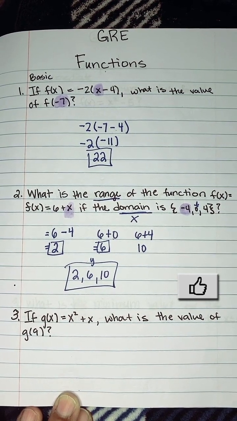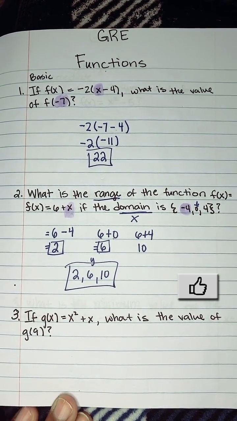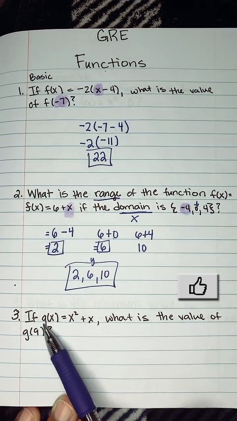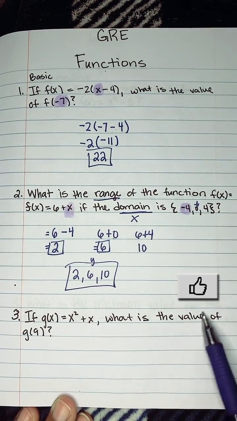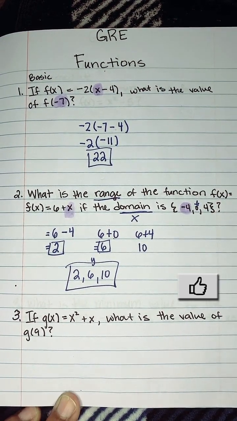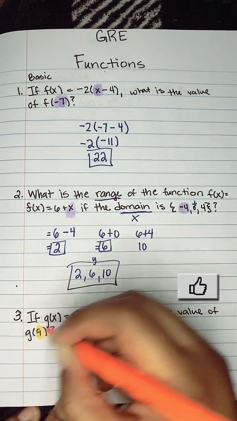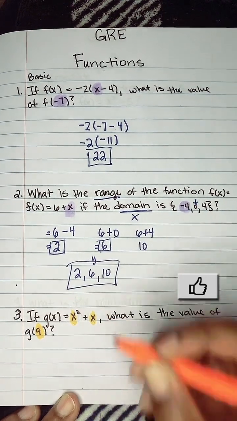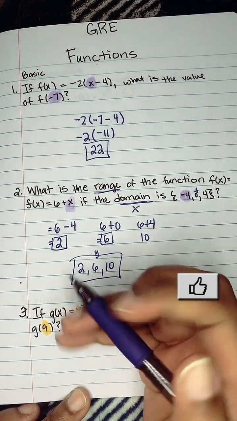All right, let's look at number 3, you guys. Okay. So if g of x equals x squared plus x, what is the value of g of 9? Again, what this is saying is when x is 9, which I'm going to plug in here and here, what is going to give me my y, or what is the range?